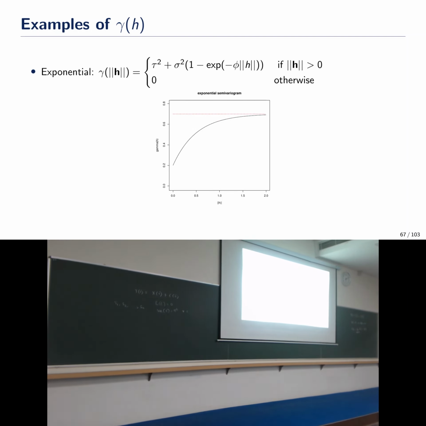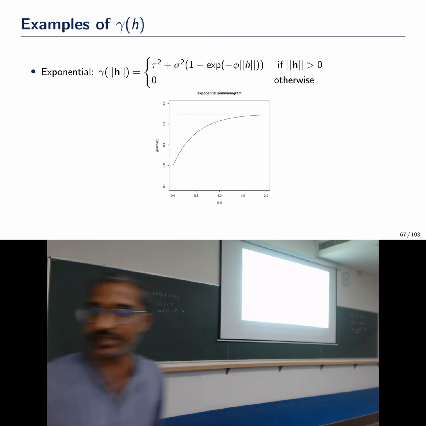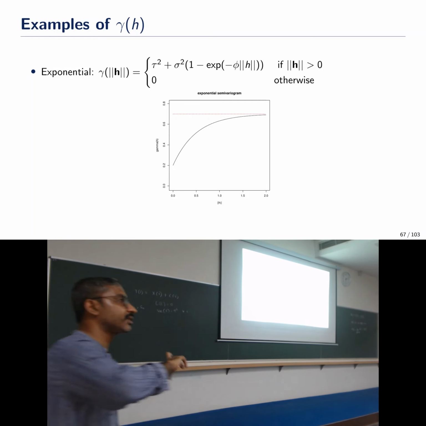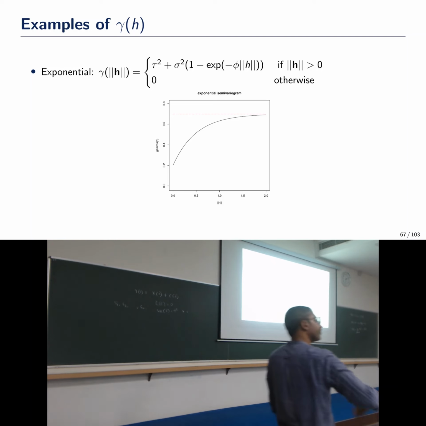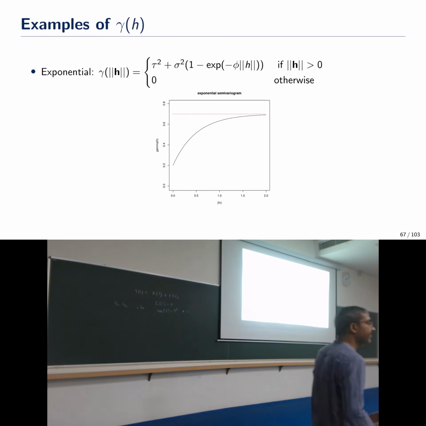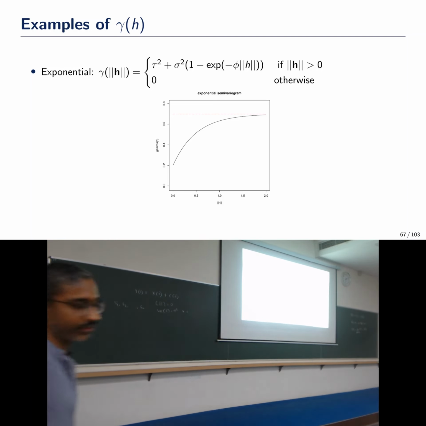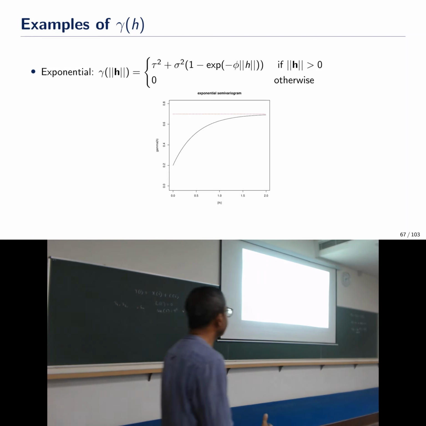Okay, so nothing can be completed without mentioning exponential and Gaussian, which we are going to do. This exponential is important in a sense that the spherical one that we just defined is not a valid variogram if I go beyond the fourth dimension, which we generally do not require, but still that's a drawback mathematically. But for this exponential one, I can go to any other dimension.